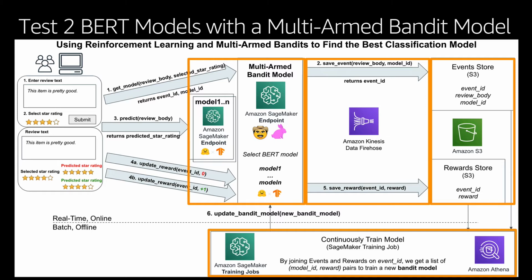Oh yeah, I should step back. Step 2, the bandit is tracking all of this data coming in. So what was the review? Which model ID did the bandit actually serve up? And that data goes into S3.